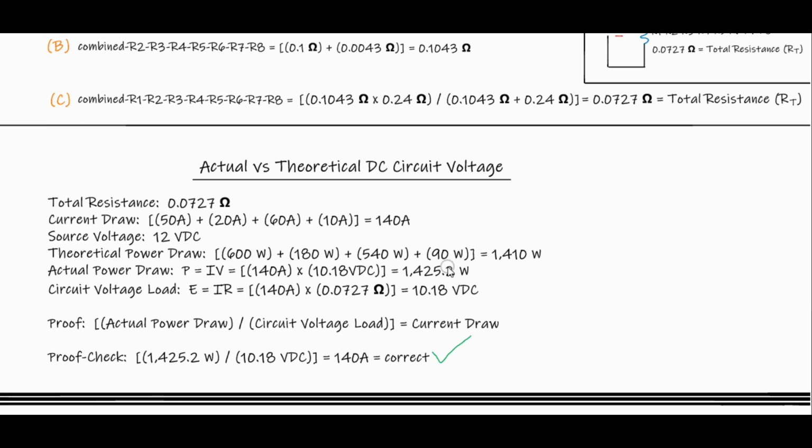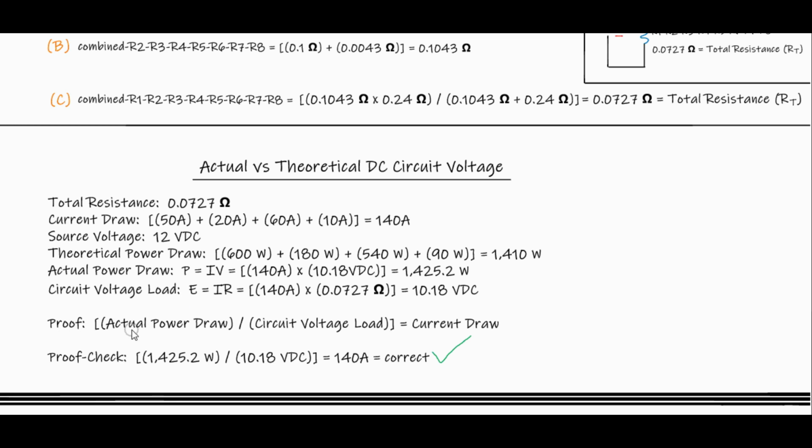So this metric here, the actual power draw and the circuit voltage as well as the total resistance, will allow for very close tolerance and accurate circuit metrics when doing any customization, upgrades, modifications, and redesign.